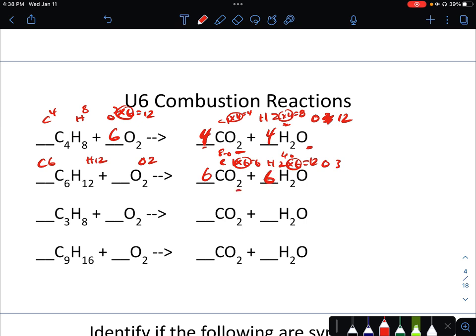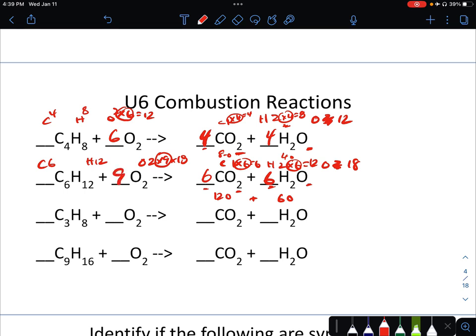Then 2 times 6 is 12 O, and 6 times 1 is 6 O's. Added together, I've got 18 O's there. This one has to be times 9, which gets me 18, so I put that 9 right in front. 9 times 2 gives me my 18.